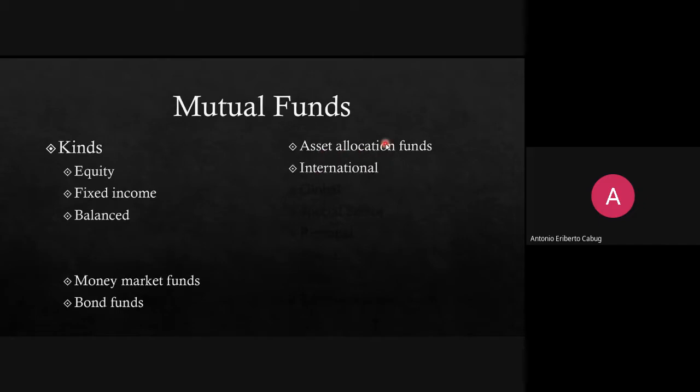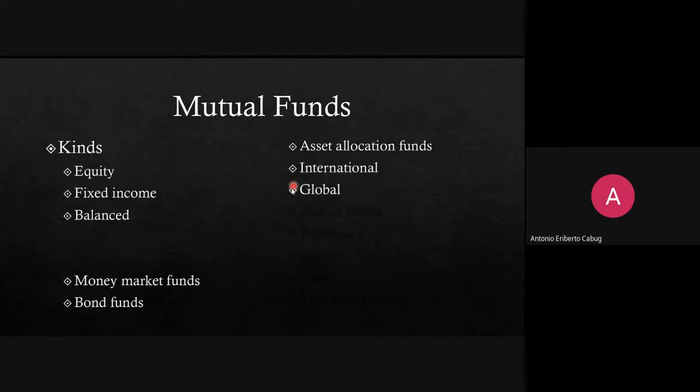Asset allocation funds. What about international funds? These are funds of stocks and bonds, securities that are outside the country. Companies outside the country. In our case, this would consist of a fund with companies that are not in the Philippines. Now, we also have a global fund.